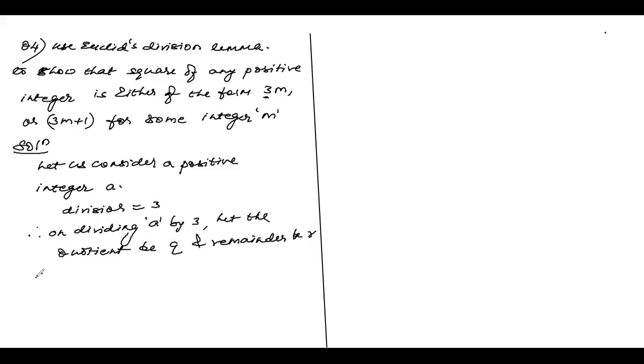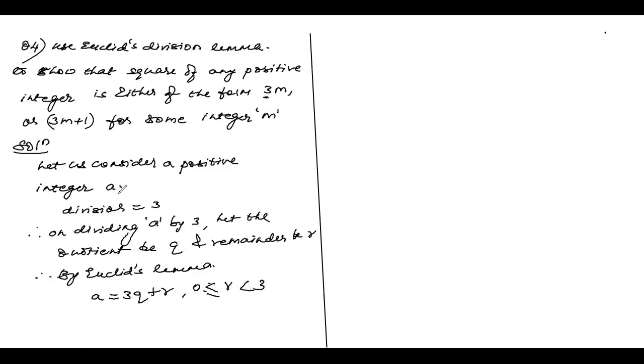Therefore, by Euclid's division lemma, a is equal to bq plus r, that is, 3q plus r, where r is greater than or equal to 0 and less than 3. Got it?